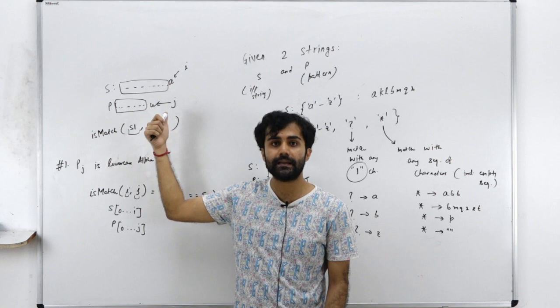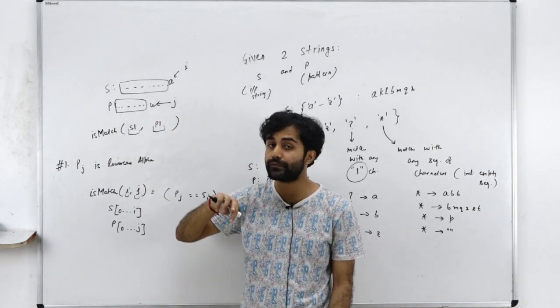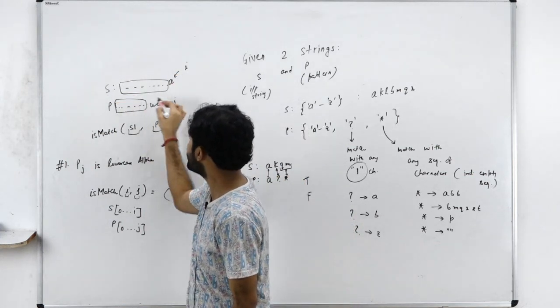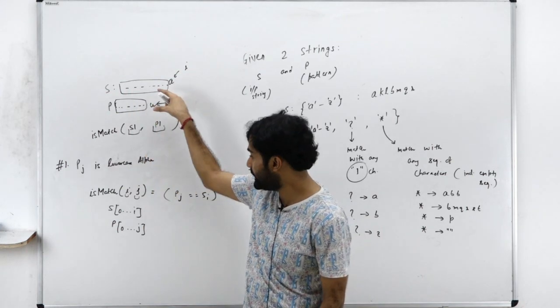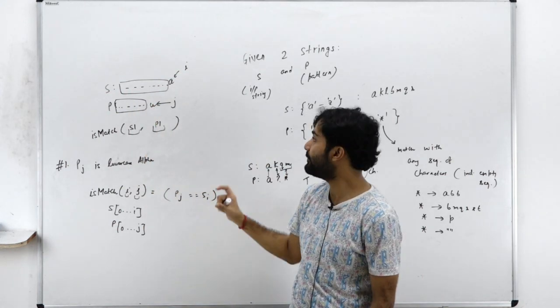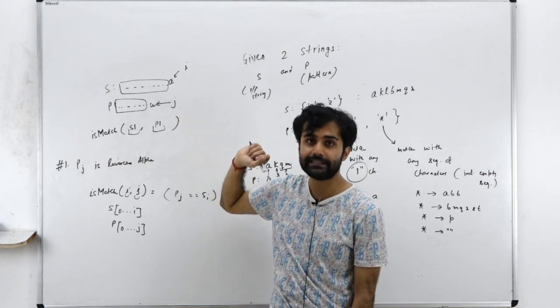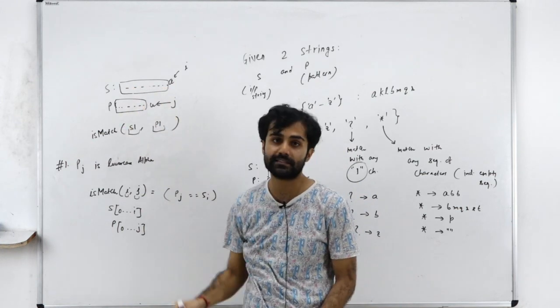So now this is the step where I have broken down my large problem into smaller problems. What was my large problem? My large problem was an attempt to match the entire string S and entire pattern P. But here, if I see that these both are matching against each other, in that case, all that I need to do is check if this much is matching against this much or not.